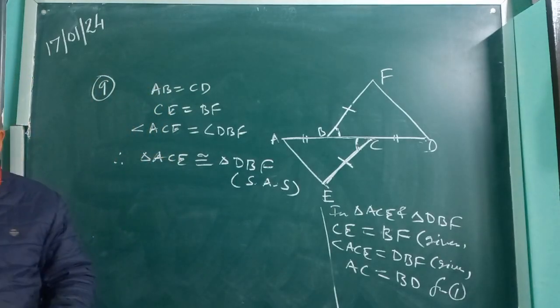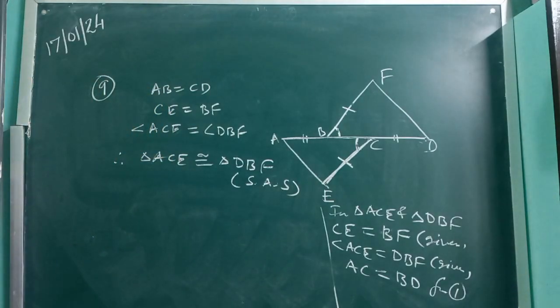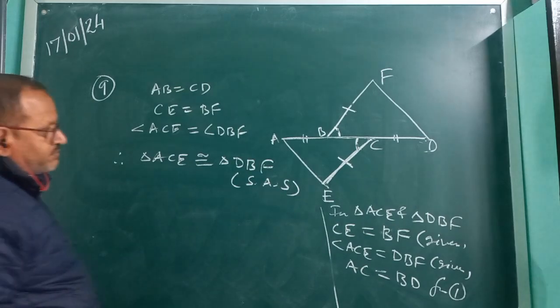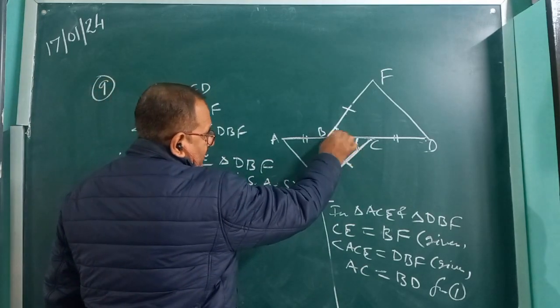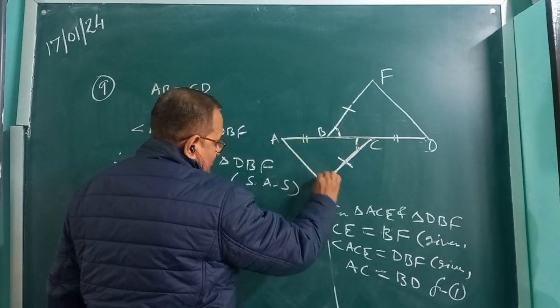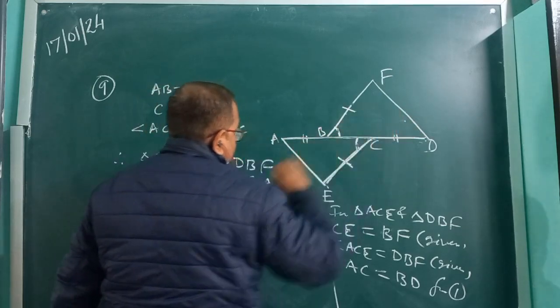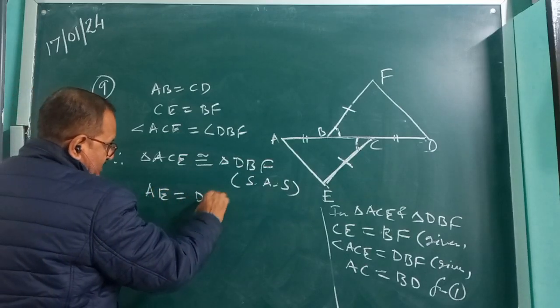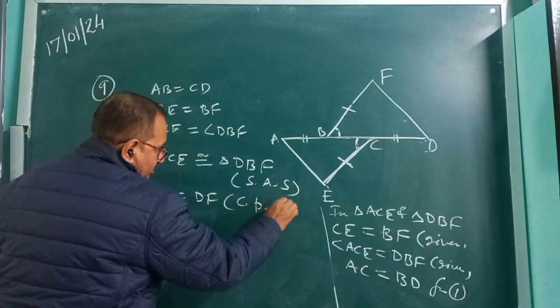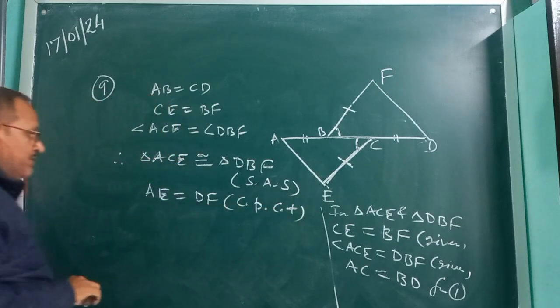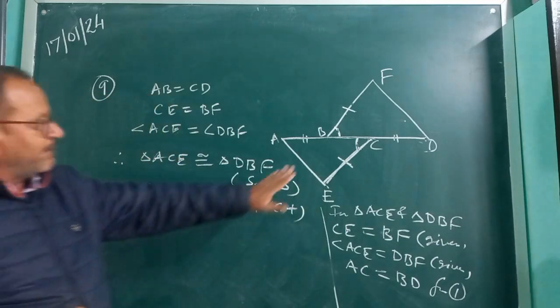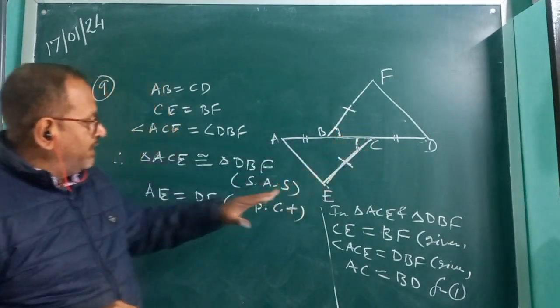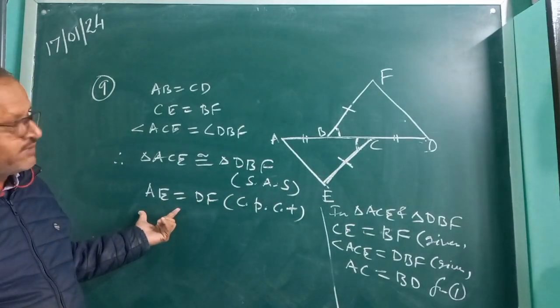In second part we have to prove AE is equal to DF. So two sides are already equal. So third side is AE and here DF. So write AE is equal to DF, corresponding parts of congruent triangles. So after proving these two triangles congruent, we will write the corresponding sides equal.